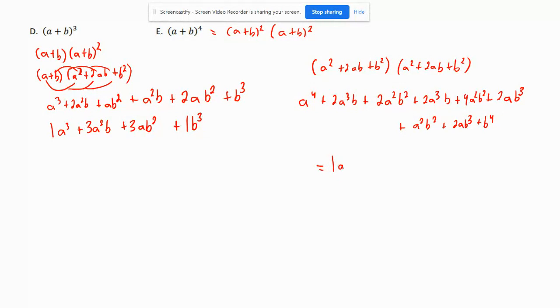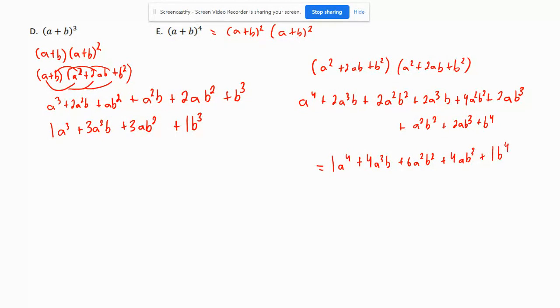That equals 1a to the 4th. We have 2a cubed b plus 2a cubed b is 4a cubed b. 2a squared b squared plus 4a squared b squared is 6a squared b squared. We have 2ab cubed plus 2ab cubed is 4ab cubed, plus 1b to the fourth.